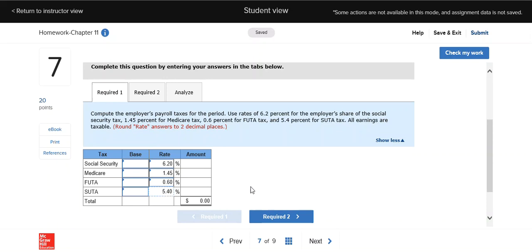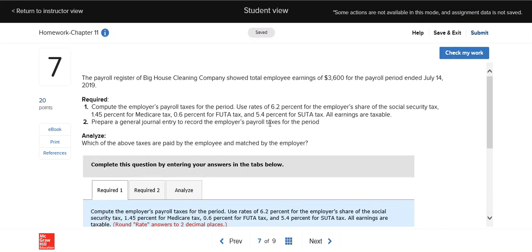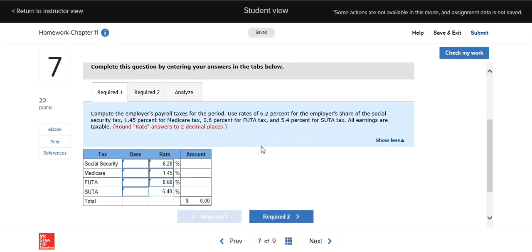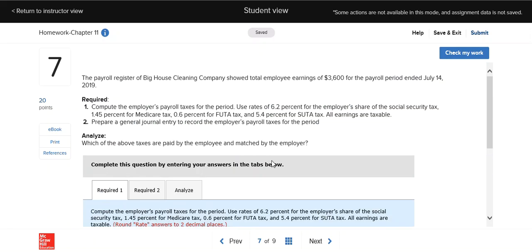So all of those amounts came from here or up here, either place you can get them from. So we've got $3,600 in gross earnings.